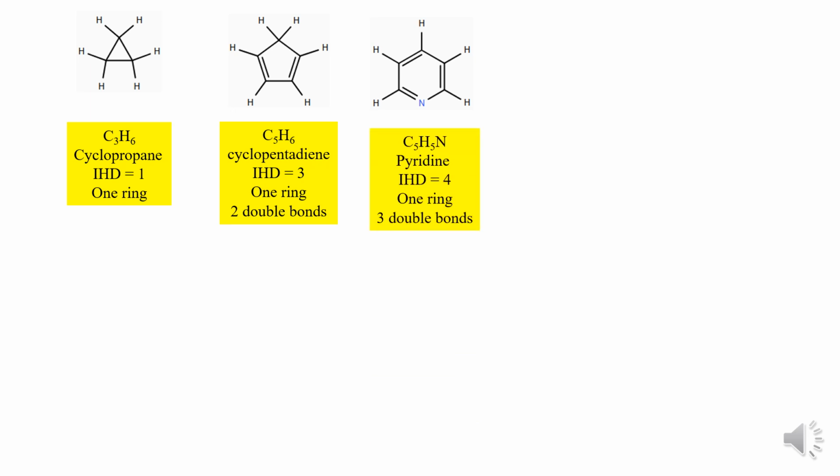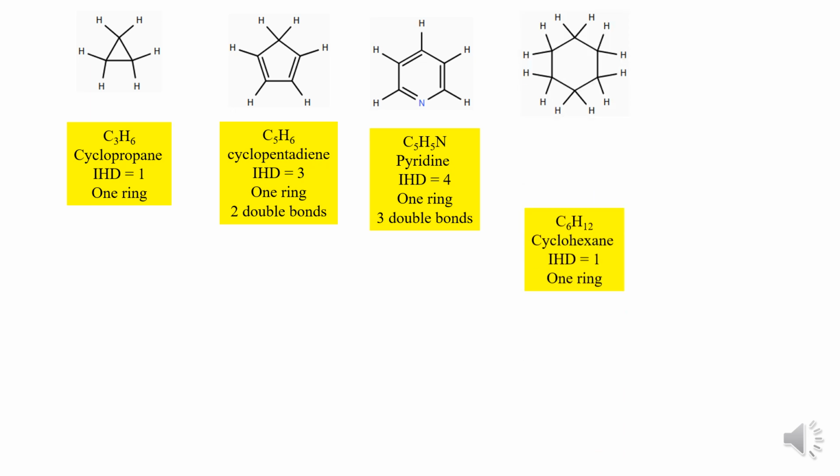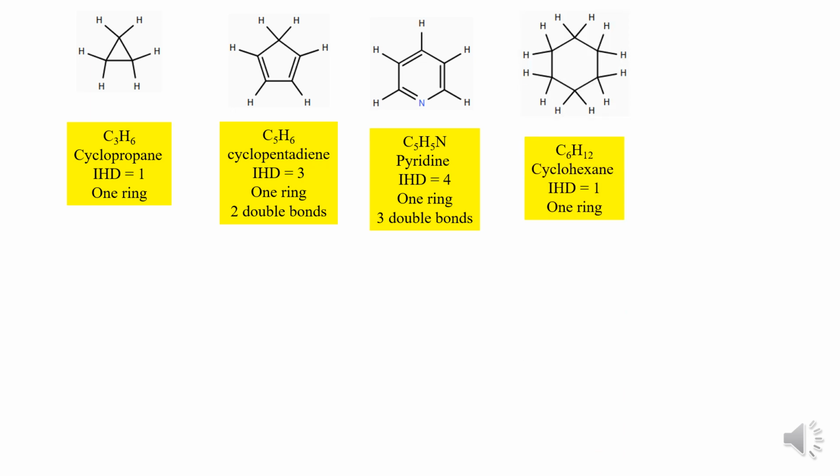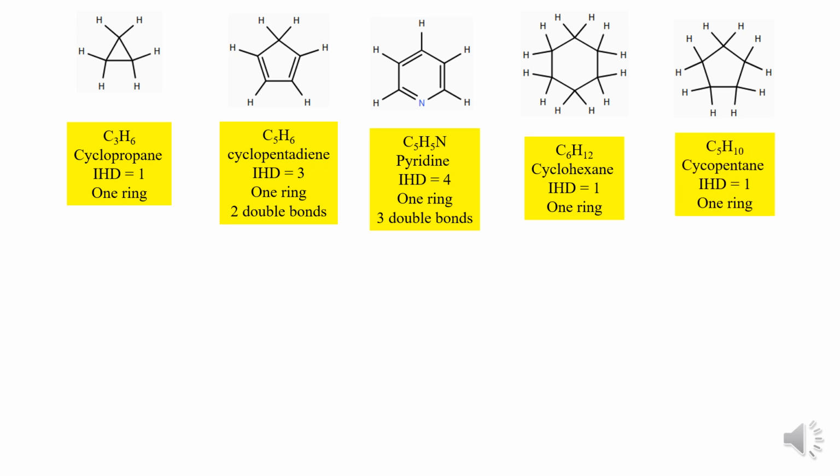Now the pyridine ring has an IHD value of 4, 1 ring and 3 double bonds. So the pyridine ring is an aromatic ring characterized by the presence of 3 alternating double bonds. Next is cyclohexane ring, IHD value of 1 because it has 1 ring with no unsaturation. Next is cyclopentane, IHD value of 1, showing the presence of 1 ring.